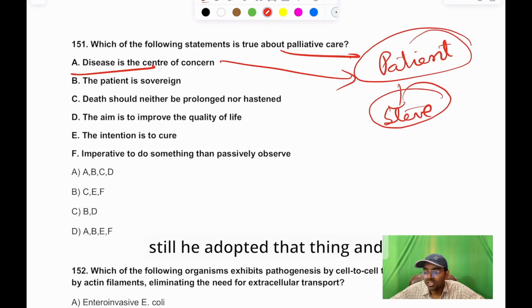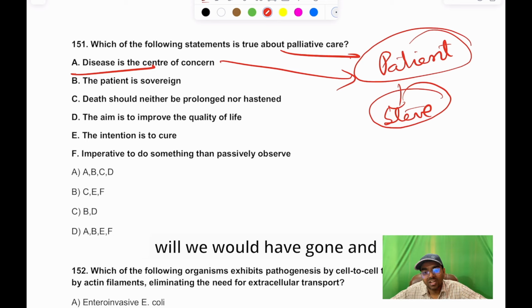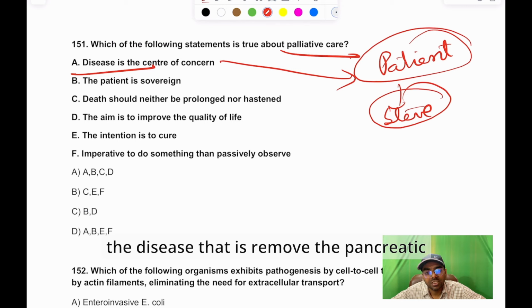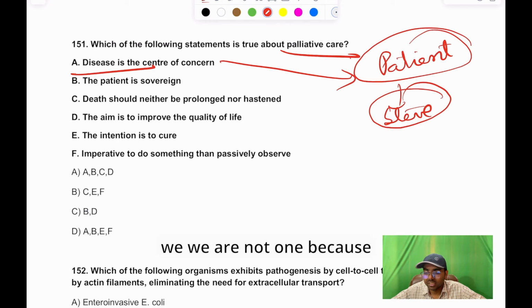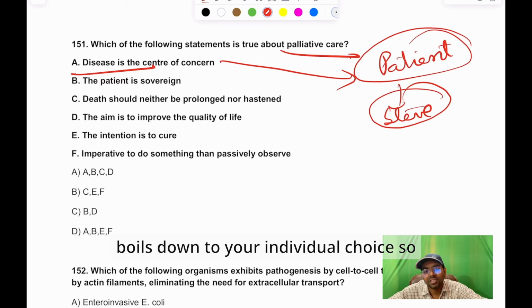Still he adopted that, and unfortunately he died. If the care had been disease-centric, then in spite of his will, we would have gone and tried to treat the disease, that is, remove the pancreatic cancer. But in this case we have not gone, because ultimately it's democracy. Everything boils down to your individual choice.